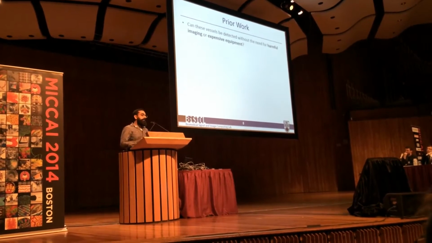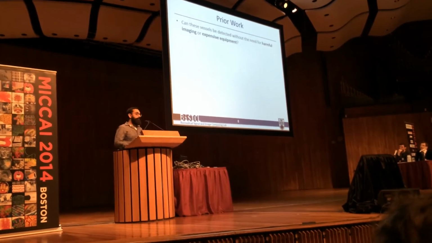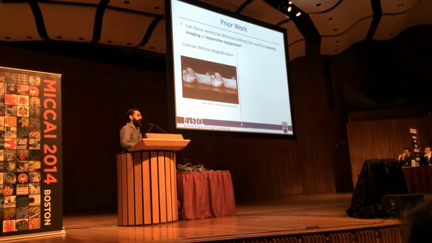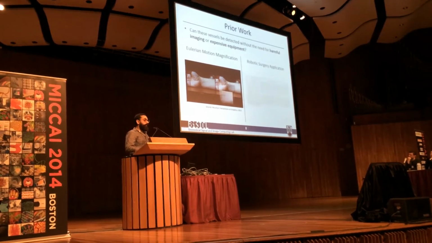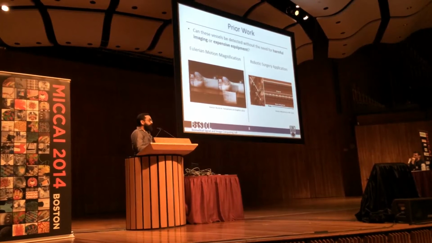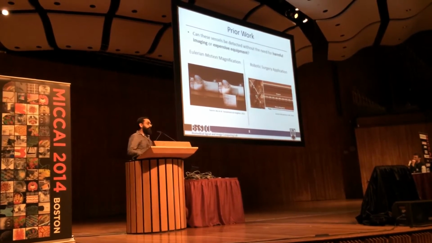To address the need for methods that don't rely on harmful imaging or expensive equipment, the recent popular Eulerian magnification method of Wu et al. from CSAIL has been extended to robotic surgery by McLeod et al. to enhance the appearance of vasculature by emphasizing motion.